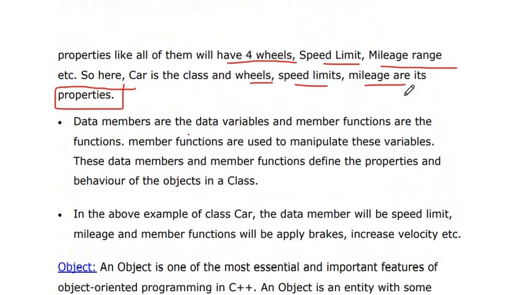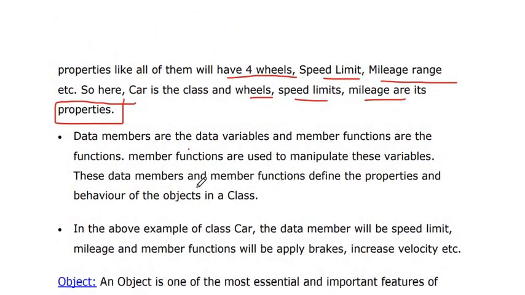Right, look here. Next, the member functions are used to manipulate these variables. Means member functions are used to manipulate the data members. These data members and member functions define properties and behavior of objects in a class.